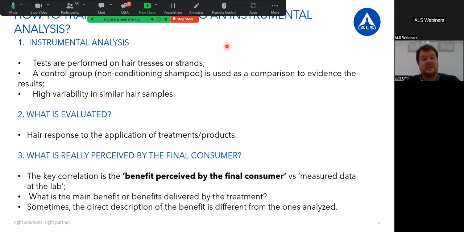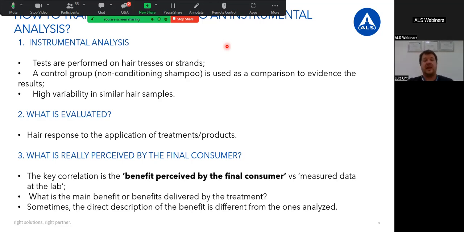We also do that because hair, as a biopolymer, has a high variability even in similar tresses, because it is a natural polymer. So this is the most difficult part. We have to perform tests on different tresses, more than two or three, or fibers, we use when we test tensile strength. We use fifty or sixty fibers to measure the tensile strength because there is a high difference between similar samples.